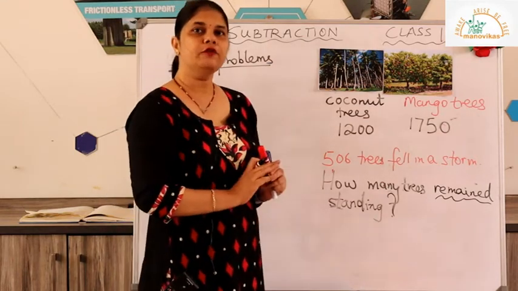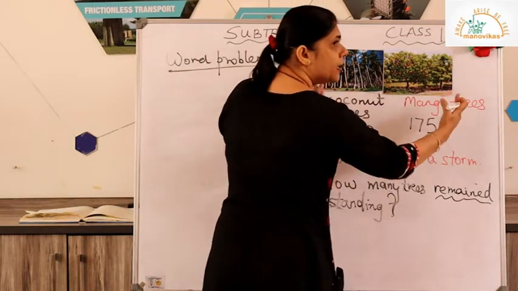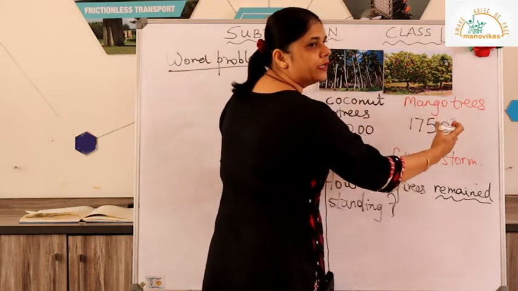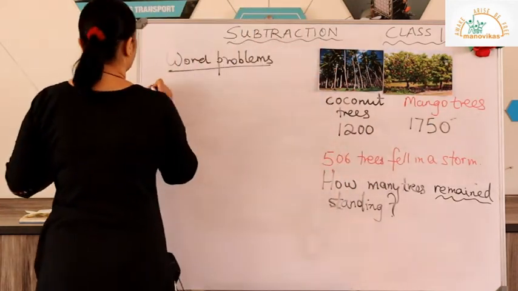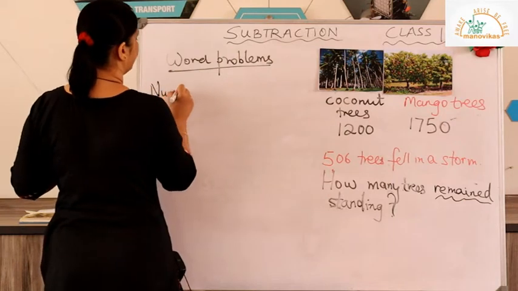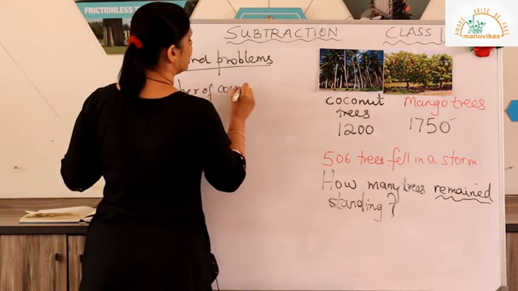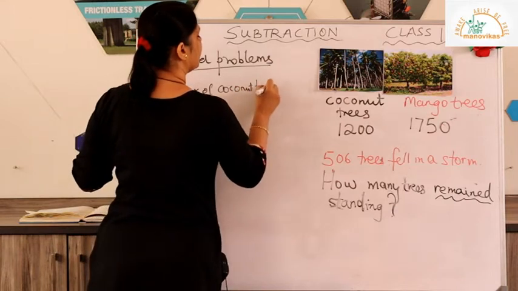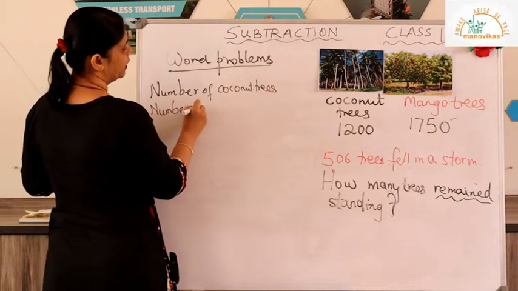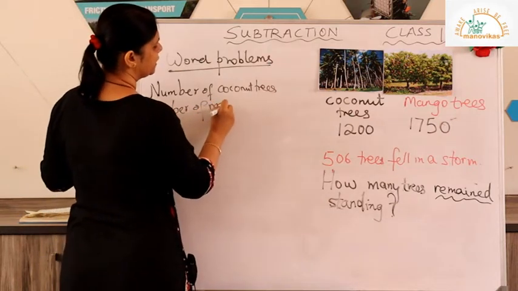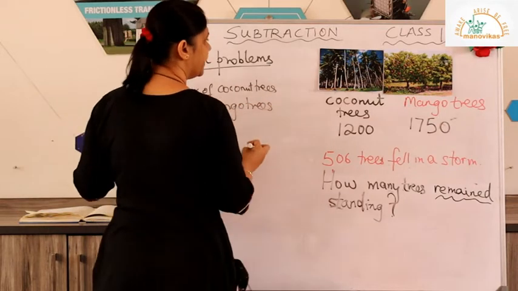First, we will have to find the total number of trees which were there in the farm. Now to find the total number of trees, we have to add. Now what you are going to add? The number of coconut trees and number of mango trees, right? So first you are going to add these and find the total.